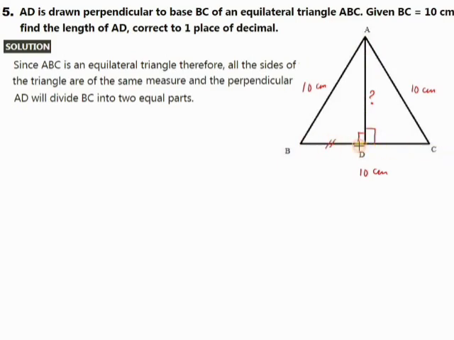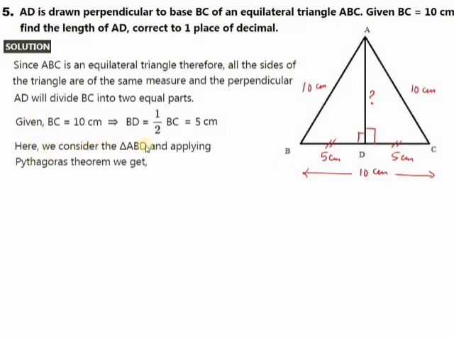So basically this and this are equal. We are given BC is 10 centimeter, so this and this will be equal, each of them equal to 5 centimeter. Remember, this is 5 centimeter, this also becomes 5 centimeter, and this whole thing is your 10 centimeter.